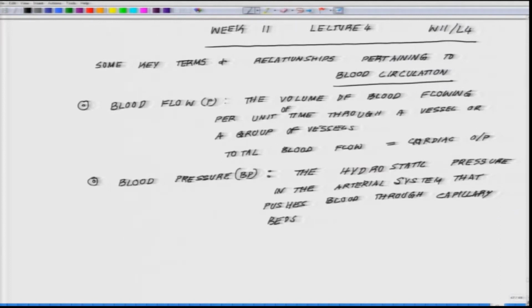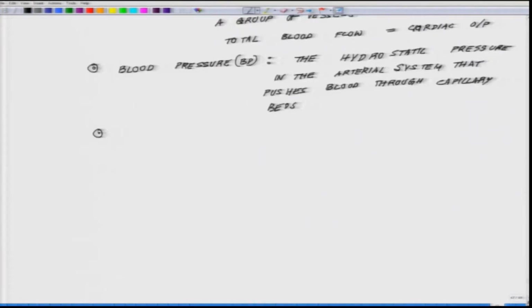Okay. The third definition, important definition, is circulatory pressure. What is circulatory pressure? So, we have talked about the blood pressure. So, the pressure difference between the base of the ascending aorta and the entrance of the right atrium.